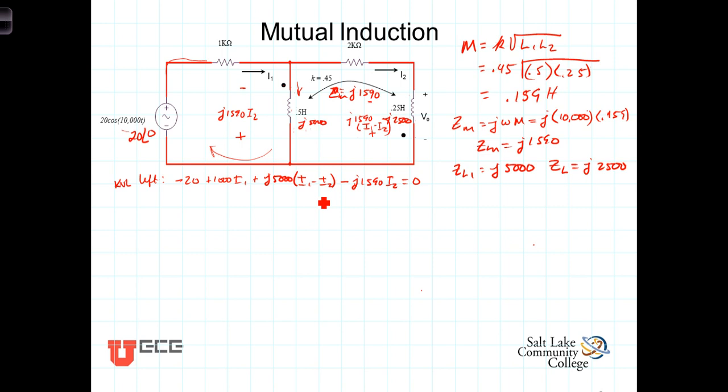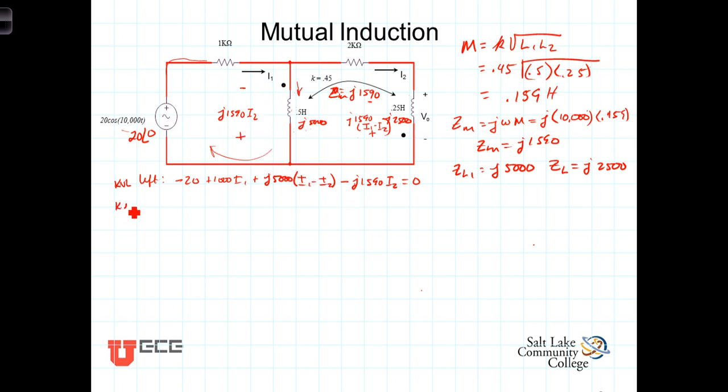This voltage drop here is due to the inductance of this coil, j5000, times the current going through there, which is I1 minus I2. This term right here is the voltage due to current over here, I2, that's coupled through this mutual inductance. So again, because we're going minus to plus, it would be a minus j1590 I2.